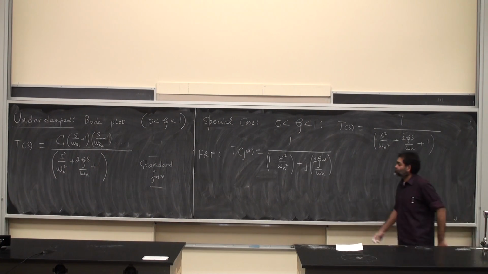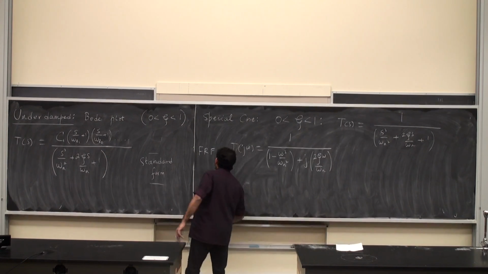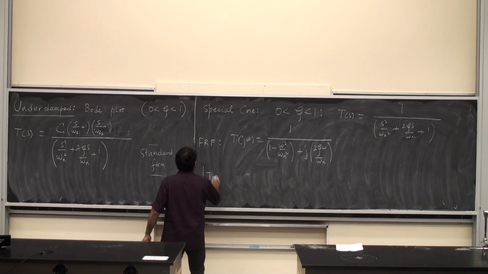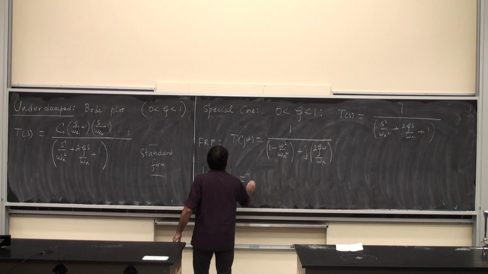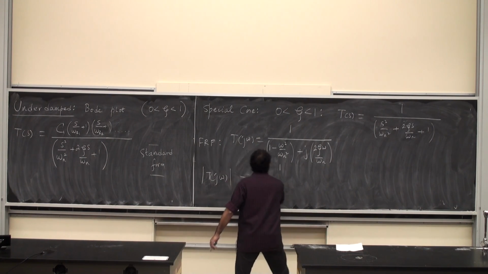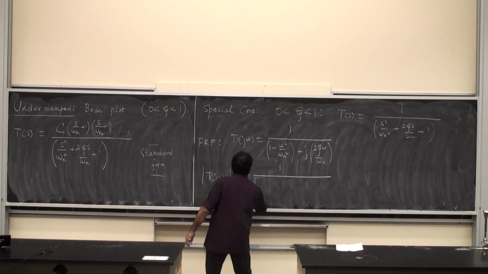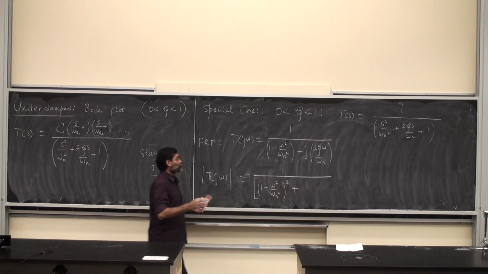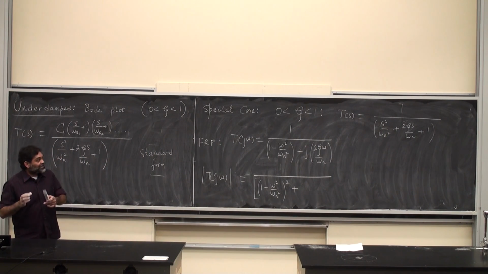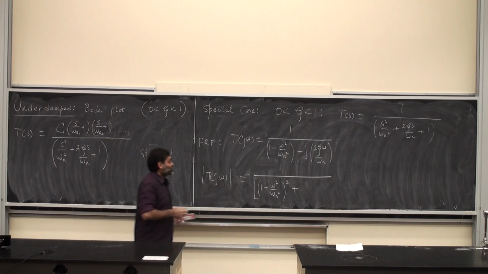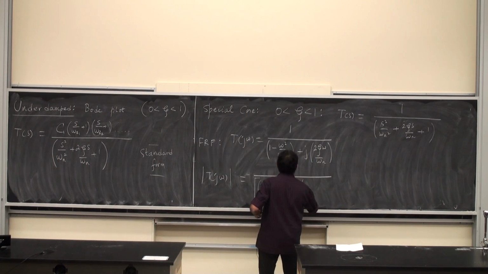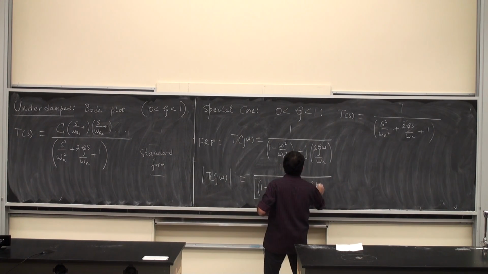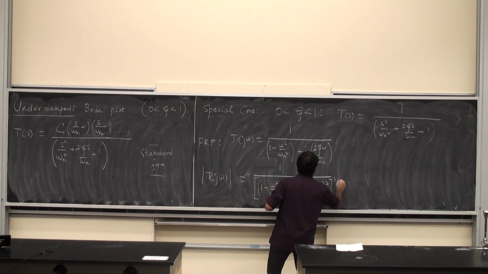Magnitude of this function is going to be 1 over the square root of the sum of the squares of the real part and the imaginary part. Do not square the j, please.